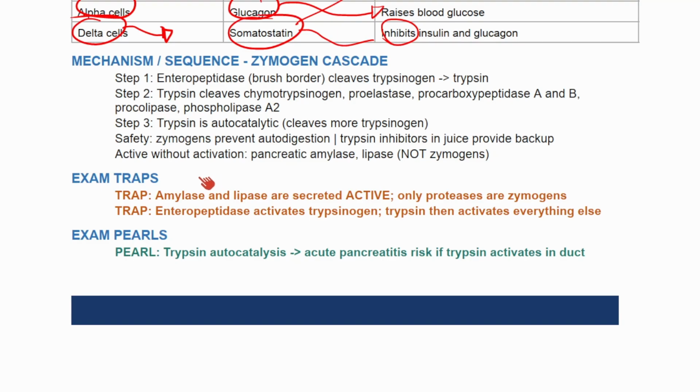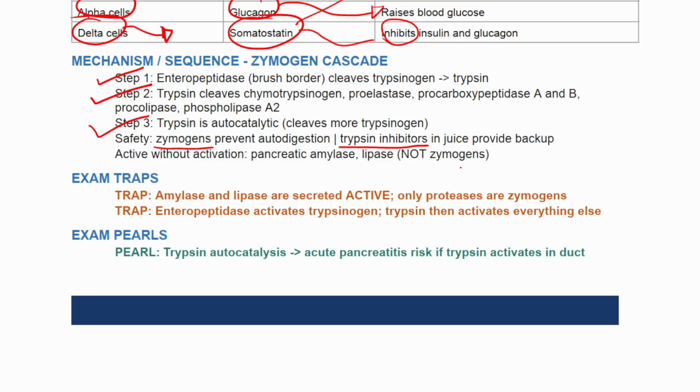Thus, by revisiting the diagram, we have completed step 1 and step 2. Also step 3 that we addressed as autocatalytic amplification. And to keep this aggressive autocatalytic system from destroying local tissue, built-in safeguards exist. Autodigestion is actively prevented by packaging enzymes as inactive zymogens and providing protective trypsin inhibitors in the juice as a safety fail-safe.